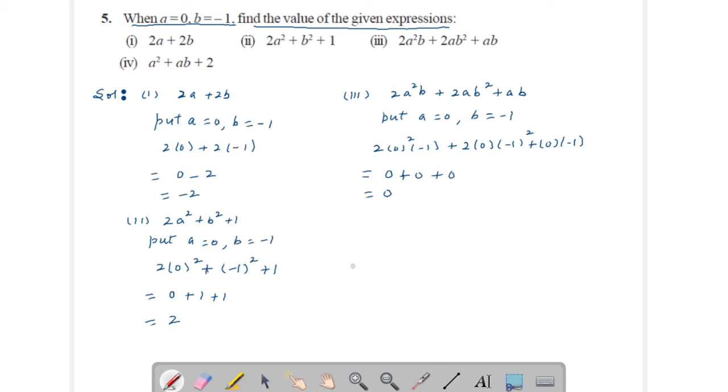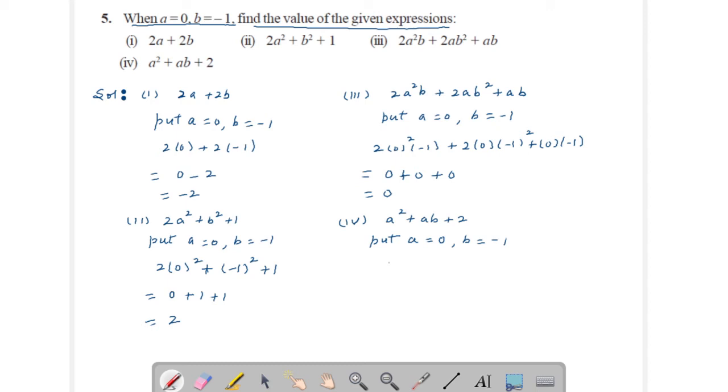Now come to fourth part. A square plus ab plus 2. Here put a equal to 0, b equal to minus 1. Put the values.